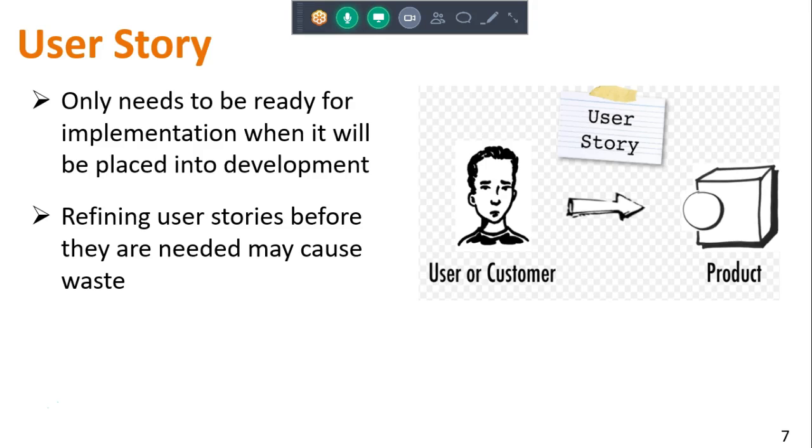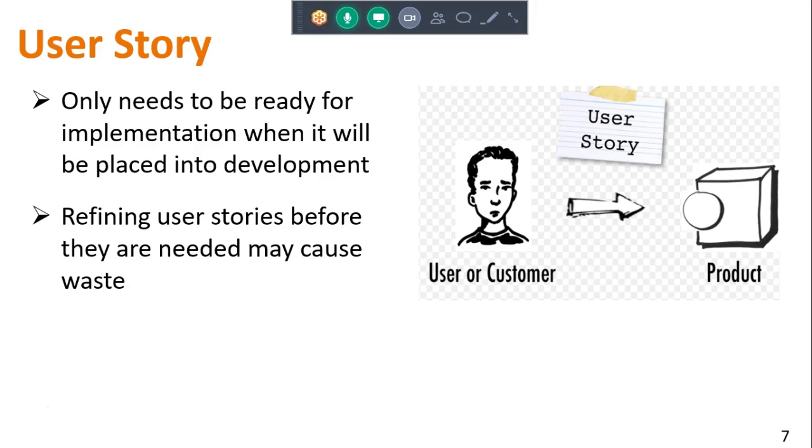So the key there is to maintain your prioritization in your backlog so that you're only taking things really off the top of the pile. And off the top of the pile is where you need the greatest level of detail. And then obviously once you take something off the top of the pile to implement it is when you need to be sure you have complete detail in order to be able to do it.